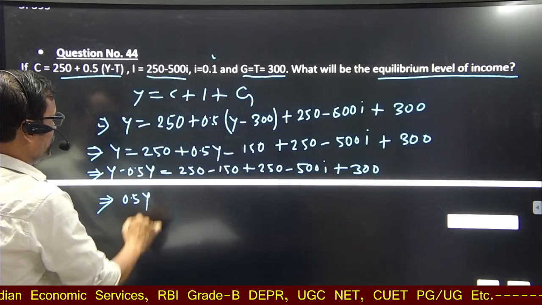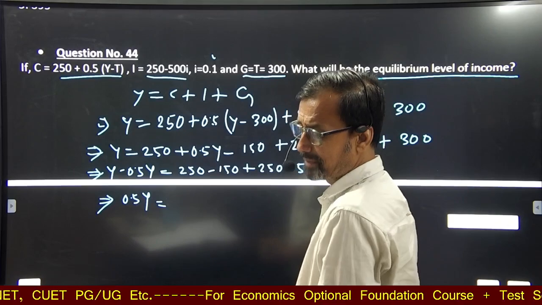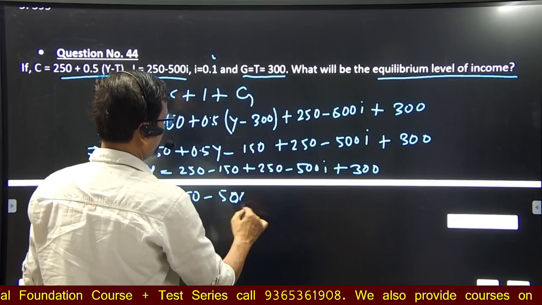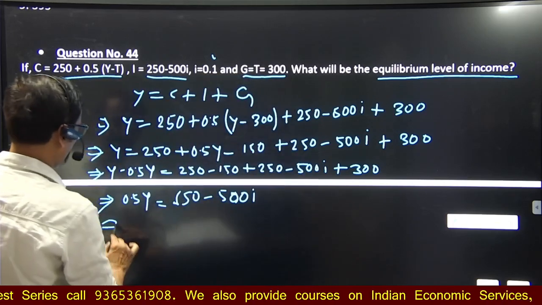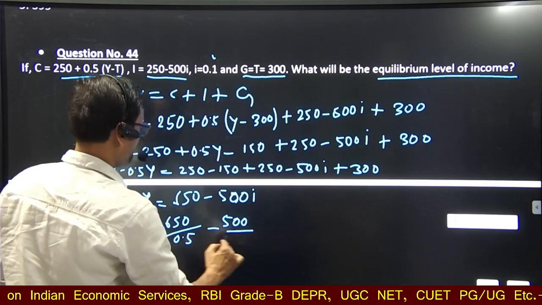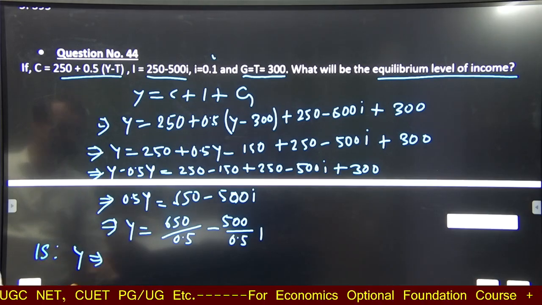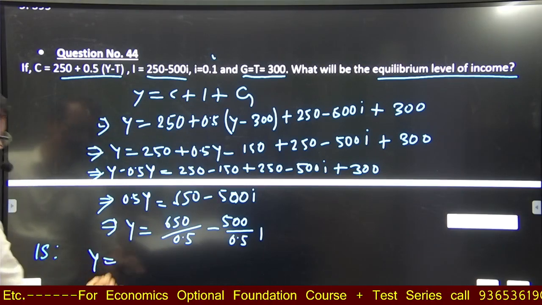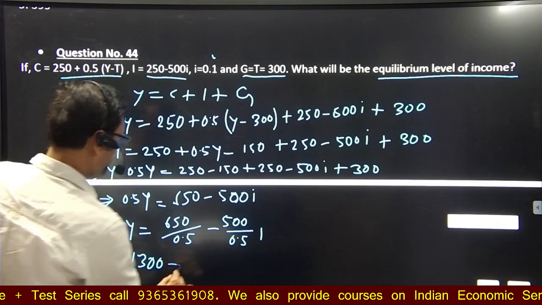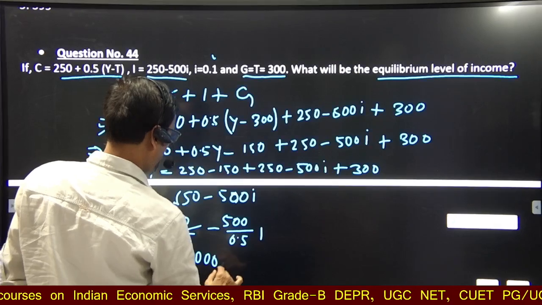So we will get 650 minus 500I. Therefore Y equals 650 divided by 0.5 minus 500 by 0.5 I. This is the IS equation: Y equals 1300 minus 1000I.